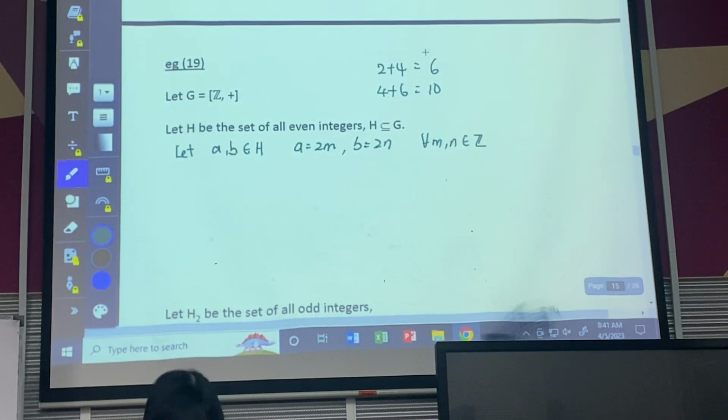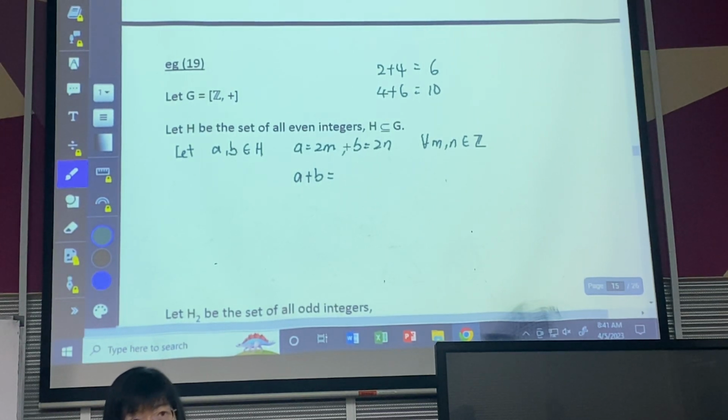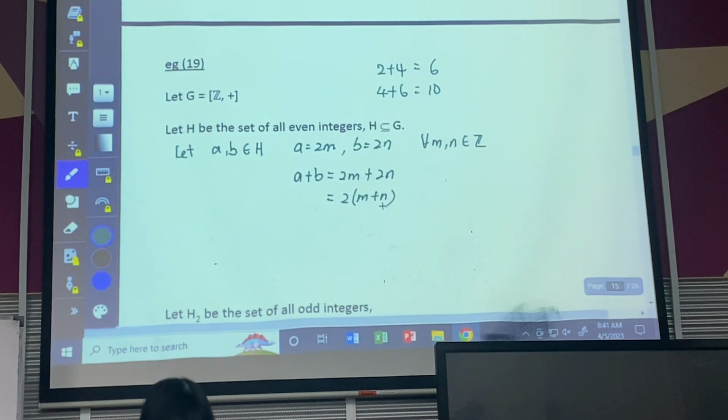Right? Okay. So what we want to determine now is, if I add up these two, will I get an even answer or not? So 2m plus 2n is actually equal to 2 times (m plus n), right? So from here, 2 multiplied by any integer, m plus n will be an integer, correct?